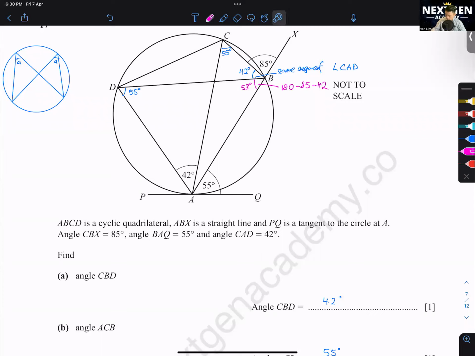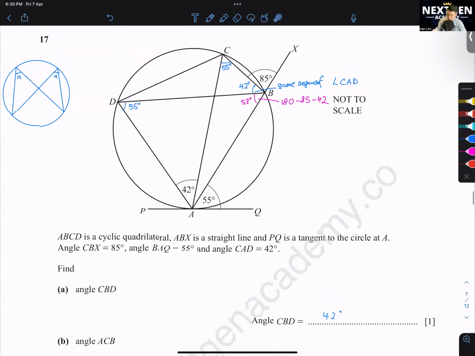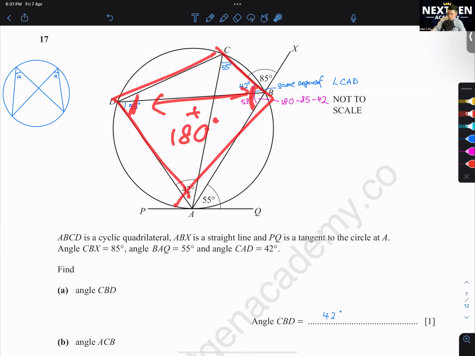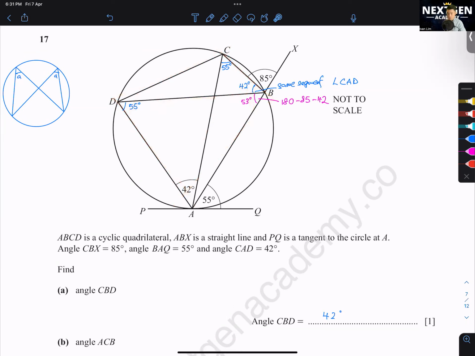How do you find this part here, ADC? What theory? Rabata says cyclic quadrilateral. Very good. So this entire angle plus this entire angle add up to 180 degrees.